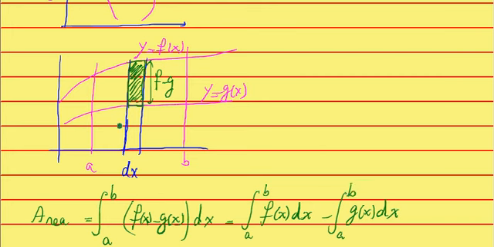Well, the first one is the area of the region under f, that is, if I was calculating this area, that would have been this expression. How about the second integral, the integral from a to b of g of x dx? That is going to be this other area underneath g.